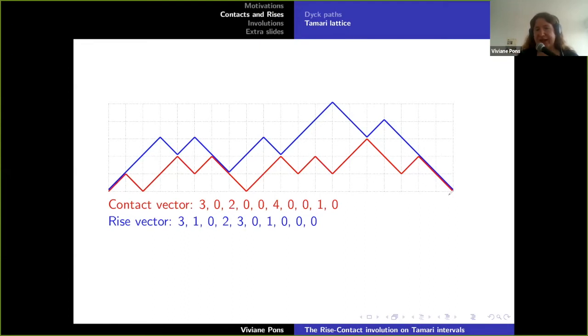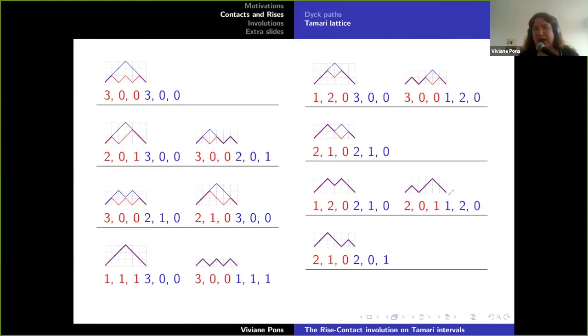And if I define it like this, then I will obtain the same symmetry on intervals that I had on elements. So now I'm looking at the 13 intervals of the Tamari lattice on Dyck paths of size 3, and I've written the coupling that you can do. Here you can check that if you look on the right, we have switched the rise vectors and contact vectors up to a certain order on the values.